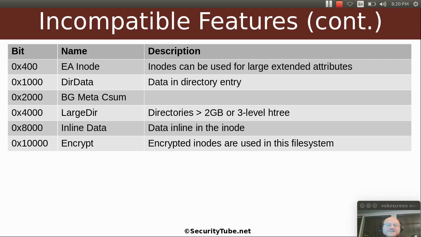And there's inline data, where the data is inline in your inode files, at least some of it. And again, this is useful if you have a lot of smaller files. And encryption. If you've encrypted your inodes, obviously, if you don't support it, you're going to have a really hard time mounting that file system.